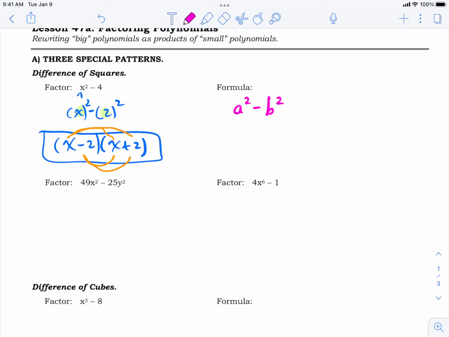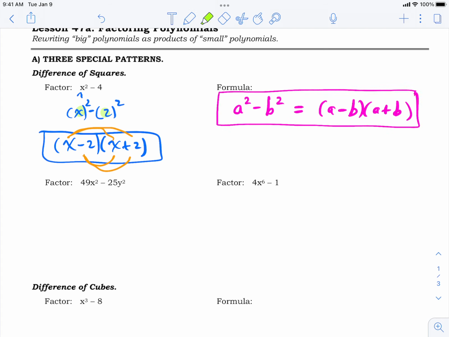But the idea is you got something here that's squared, and you have something here that's squared. How do you factor that? Well, you take your two somethings that are squared, your a, your b, you subtract them, and then you add them. So that is the formula for factoring a difference of two squares.